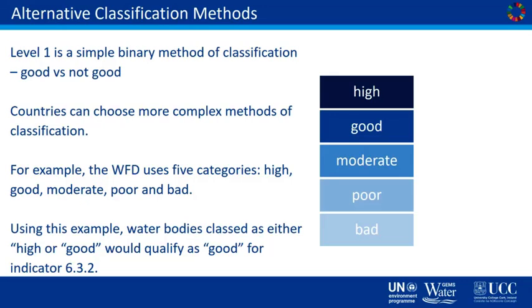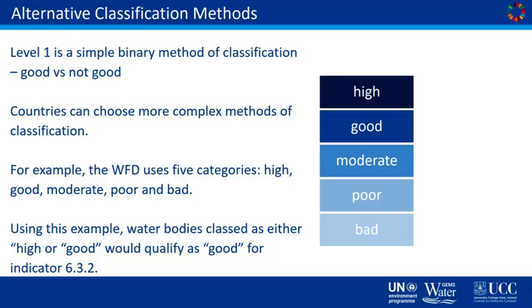The method used to classify water bodies as good or not good at Level 1 is a simple binary method where a compliance rate of 80% qualifies a water body as good and less than 80% as not good. Countries can choose to apply more complex methods of classification that provide more information on water body status.